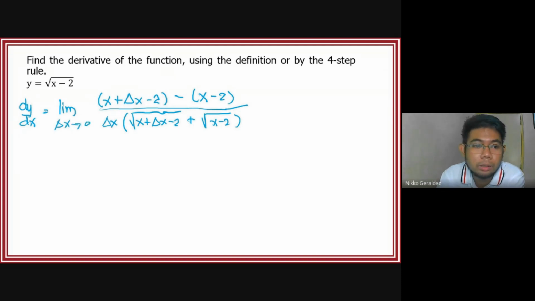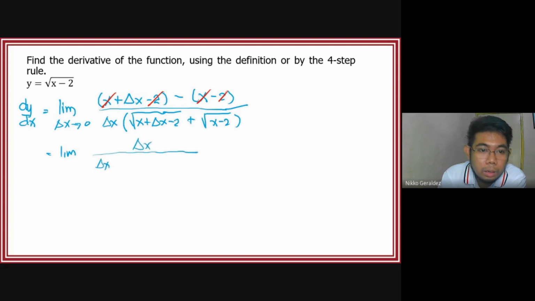So, yung numerator, may maka-cancel tayo dyan. So, yung x and yung negative. So, matitira na lang is delta x. So, we have the limit of delta x over delta x times square root of x plus delta x minus 2 plus square root of x minus 2 as delta x approaches 0.